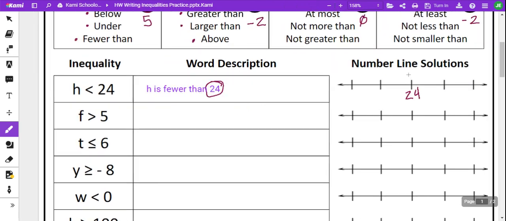Where that number is on the number line, you put a circle. Fewer than is going to the left on the number line. Fewer is less than. And then you check to see if there's no line down below, then it is not shaded.